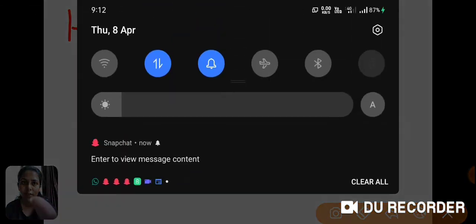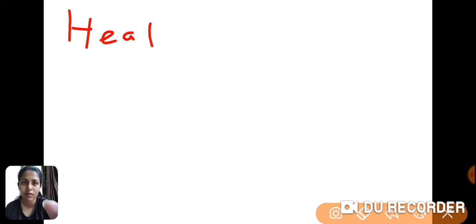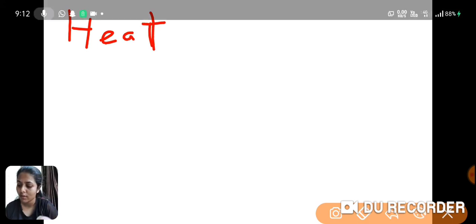All these conditions are what we write when we write a chemical equation. So first we will see heat. When we write any chemical reaction, when there is heat, we will say heat or sunlight or pressure.